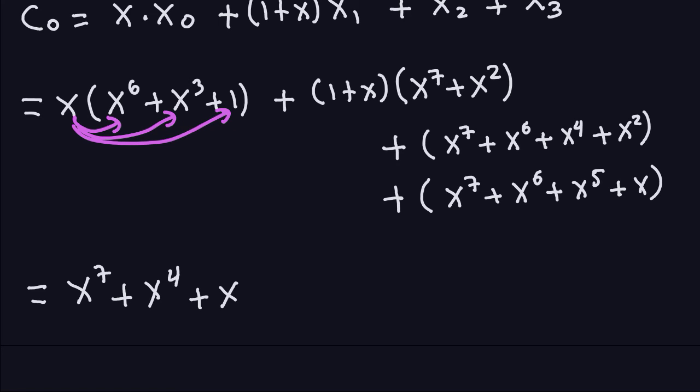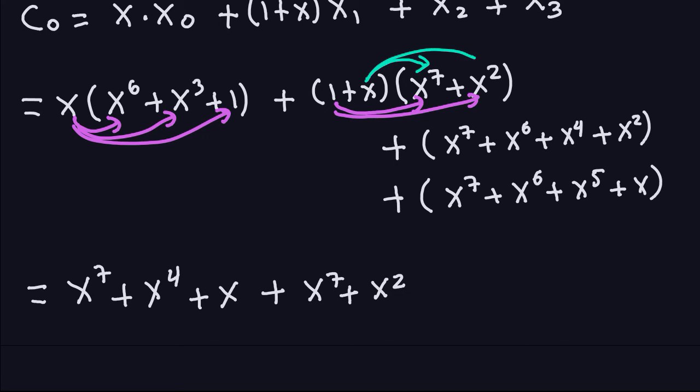Now I'm going to add the next one, and so I have to FOIL this. So let's FOIL that. We're going to have 1 that multiplies x to the 7 and x squared, so I'm going to add x to the 7 plus x squared. That's multiplying the 1. I also have to multiply by the x. So I have to take this x and multiply by x to the 7 and x squared.